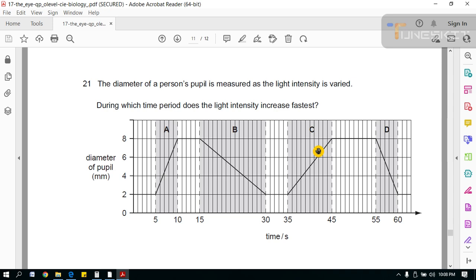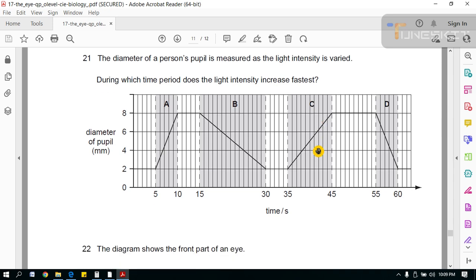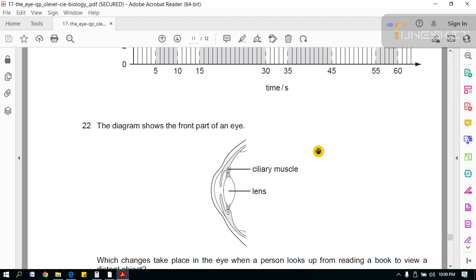Diameter of the pupil is 8 here in case of B, in case of C. During which time period does the light intensity increase fastest? So what do you think? Option A or D? Which one should be correct? Okay, we will see it later on. Let's move on to the next one.